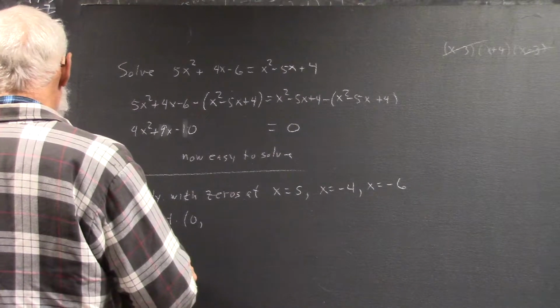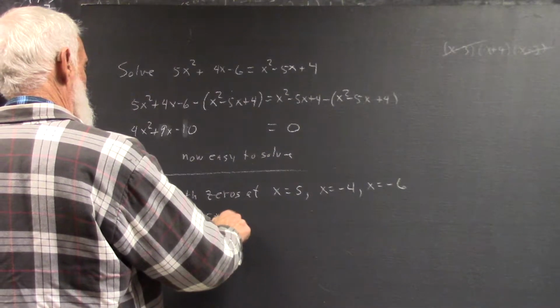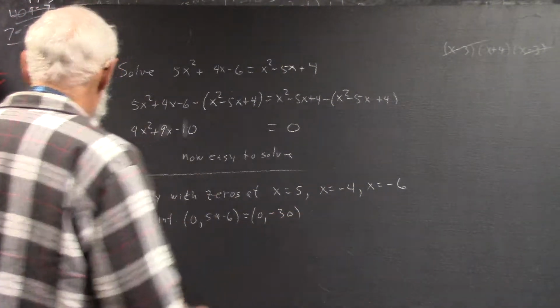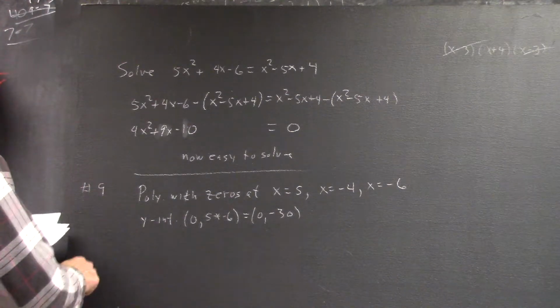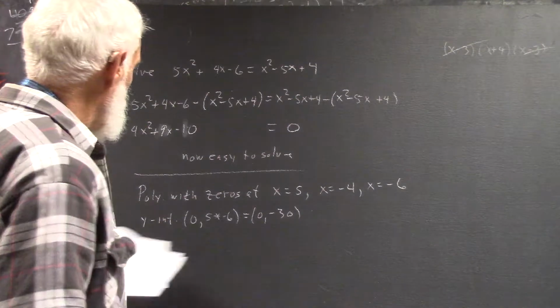That would be 5 times negative 6, which is negative 30. And this is number 9, incidentally, and this one was number 7.